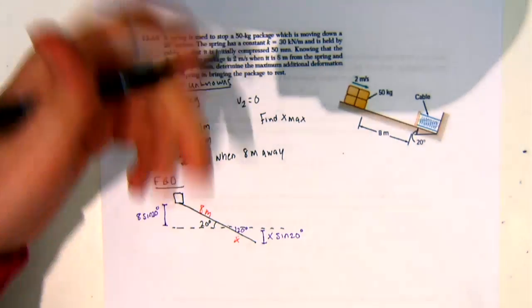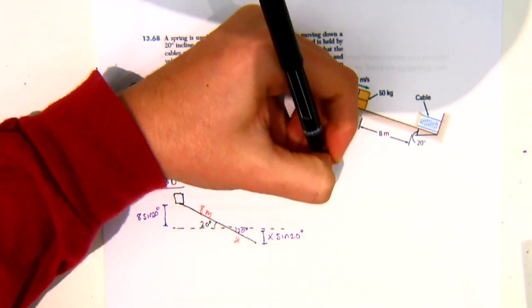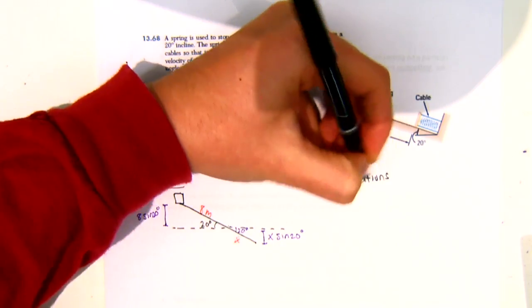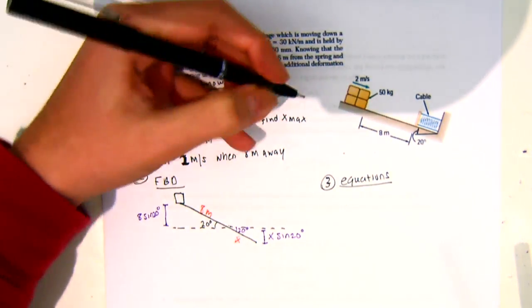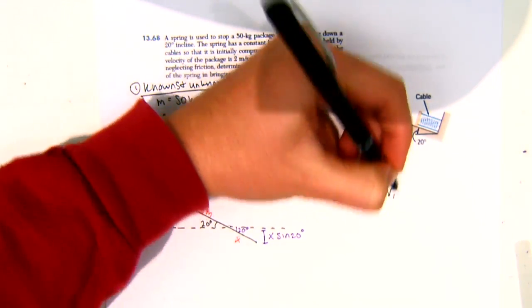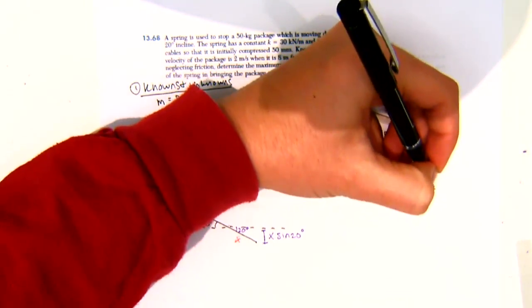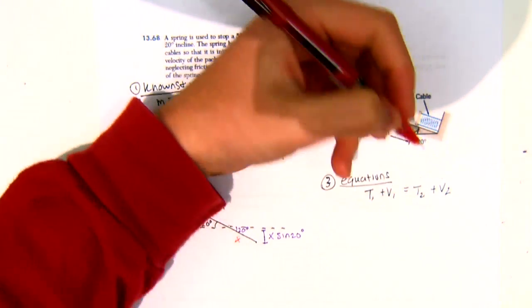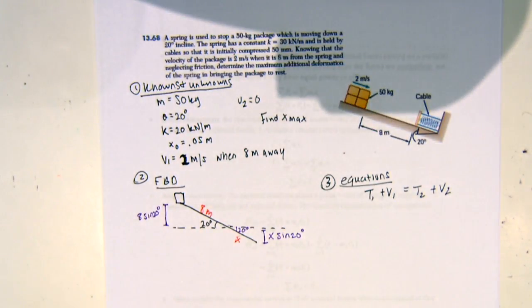So we know that our equation for this, we're going to say T1 plus V1 is equal to T2 plus V2, right? So we know that we have an initial kinetic energy. We know that our final kinetic is going to equal 0, right? So first off, which symbol represents kinetic, T or V?